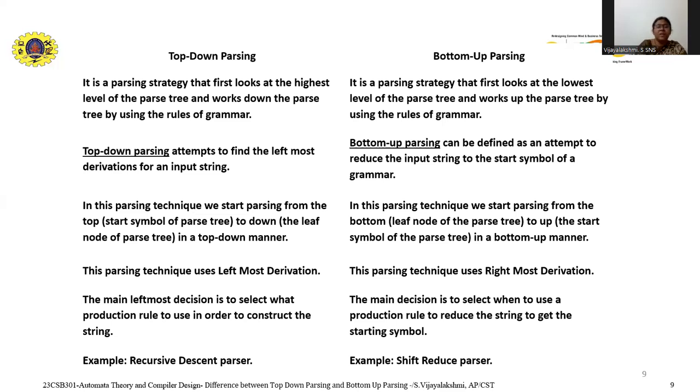In top-down, we decide which production rule to use in order to construct the string. Here the decision is when to use the production rule to reduce the string to get the starting symbol. The recursive descent parser is an example of top-down parsing. Shift-reduce parsers and LR parsers are examples of bottom-up parsing.